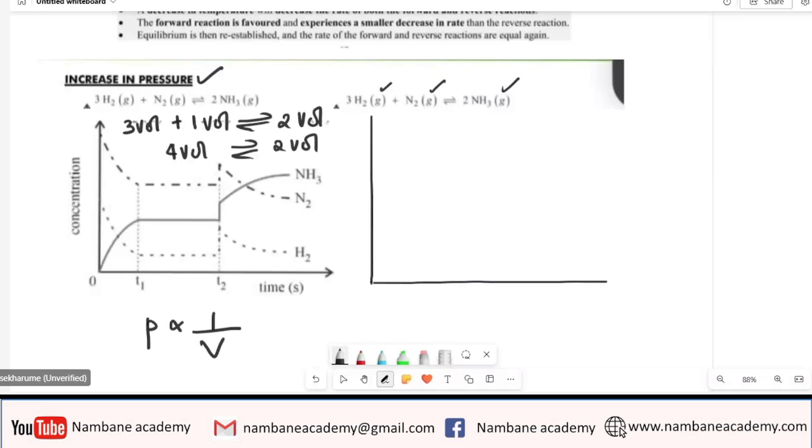So the graph is facing up. The spike is up because there is an increase. If there is a decrease, you'll see the spike facing down. Okay, so an increase in pressure. If I'm increasing pressure, I'm going to favor the side where I'm having a fewer number of moles of gas.